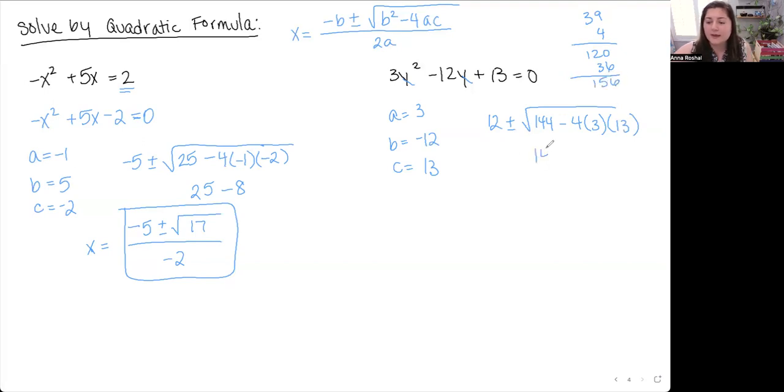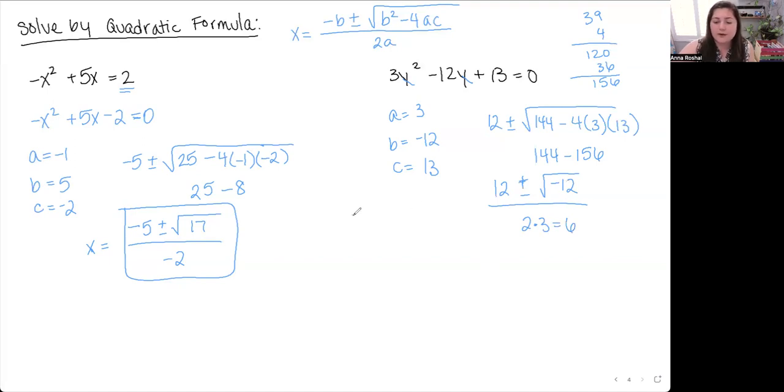So now we're looking at 144 minus 156, which is going to be -12. So now we have an irrational number, not an irrational number, I'm sorry, an imaginary number, the square root of -12, all over 2 times 3, which is 6.